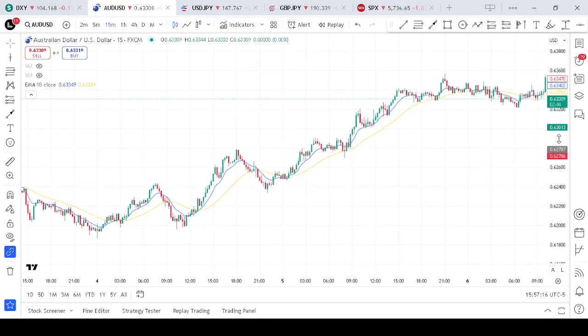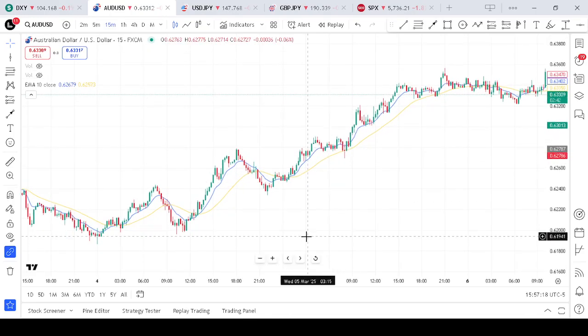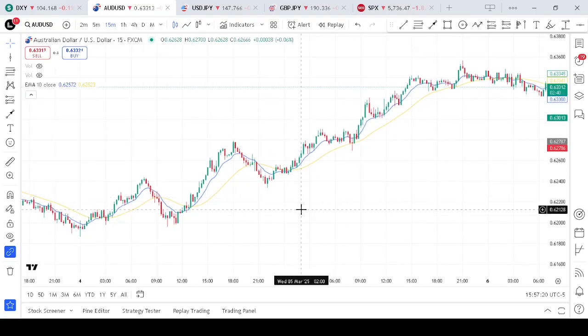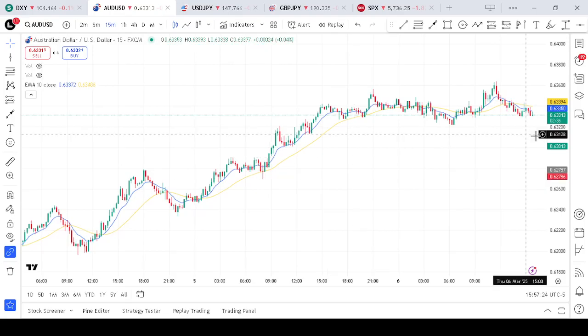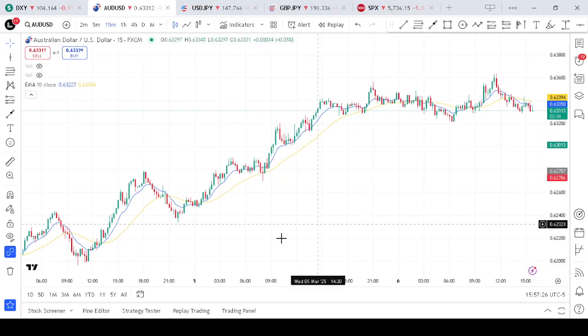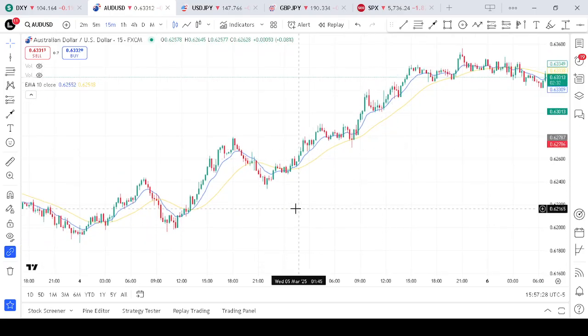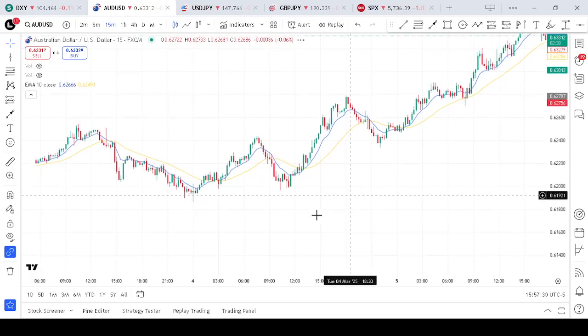The EMA is particularly useful for scalping because it reacts quickly to price changes, allowing you to spot potential entries and exit points in fast moving markets.